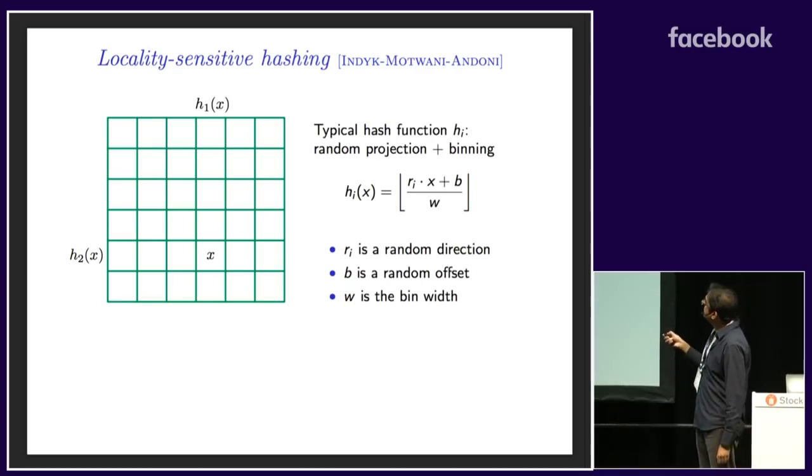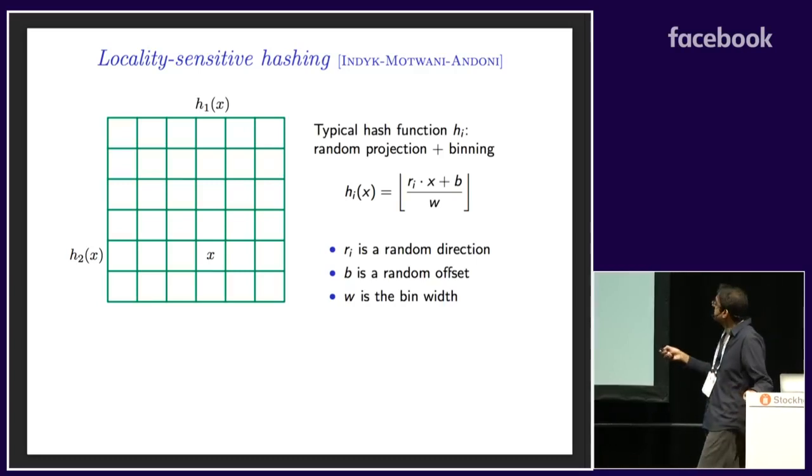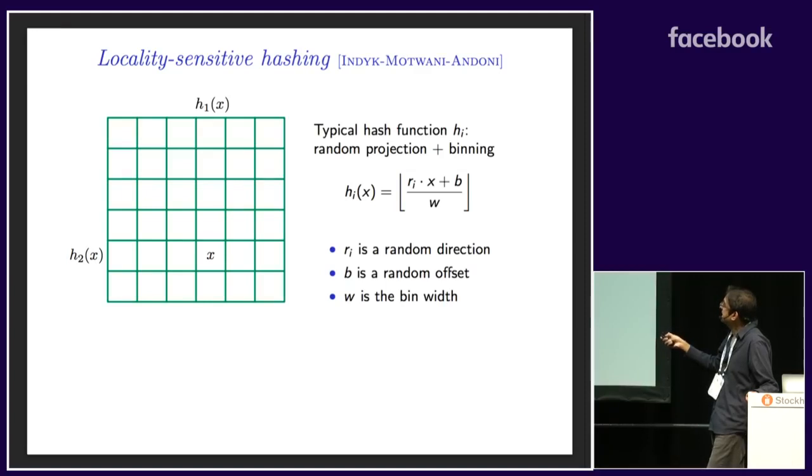So here is the most commonly used hash function for locality-sensitive hashing. It's a random linear function that's then binned into bins of fixed width. Okay? So to specify the hash function, you choose a random direction and a random offset. And given a vector x, you take the dot product with that direction and you add the offset.